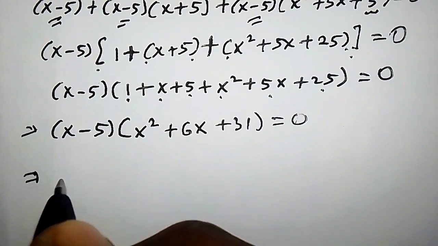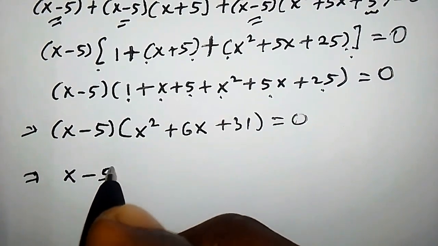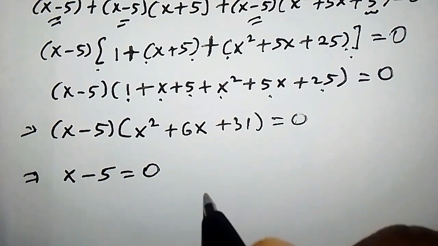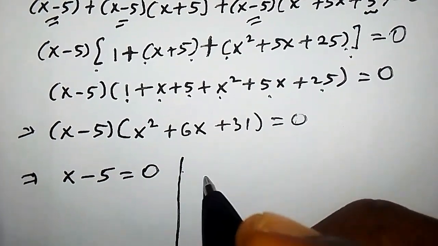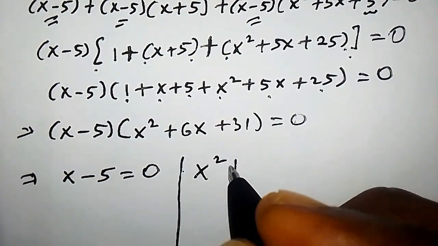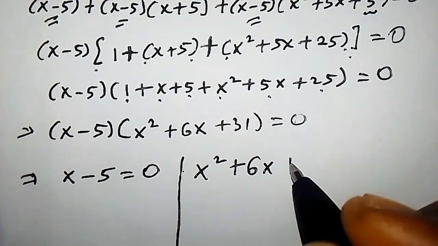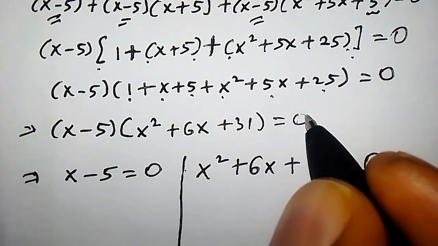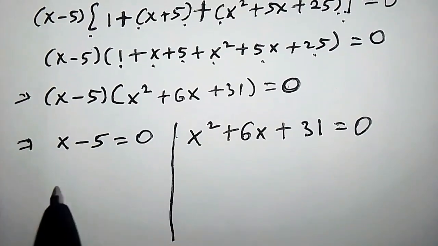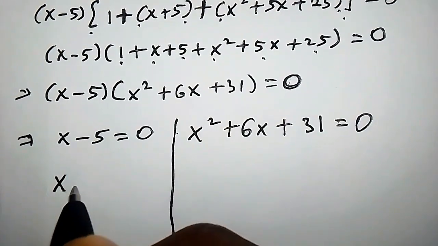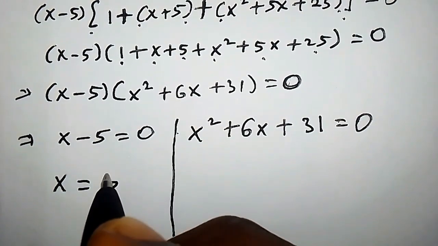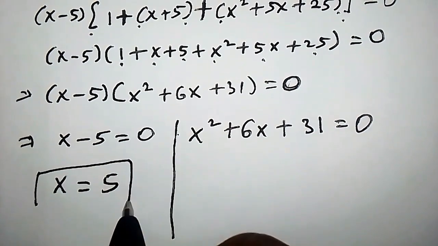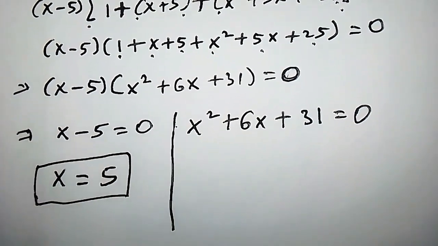This implies that x minus 5 is equal to 0, or x squared plus 6x plus 31 is equal to 0. From this line, x is equal to 5. Take note of this answer. This is the real solution.